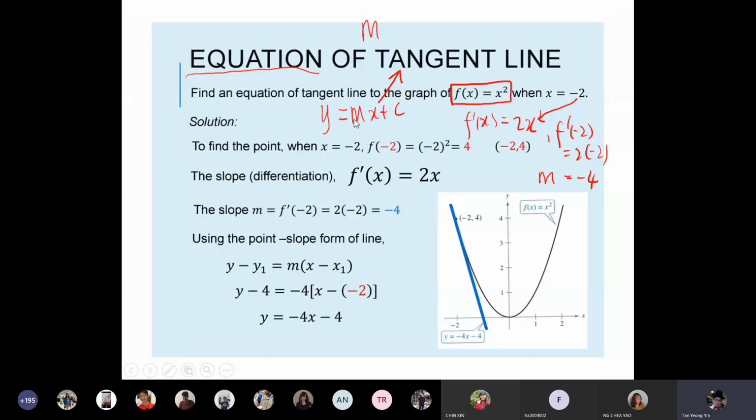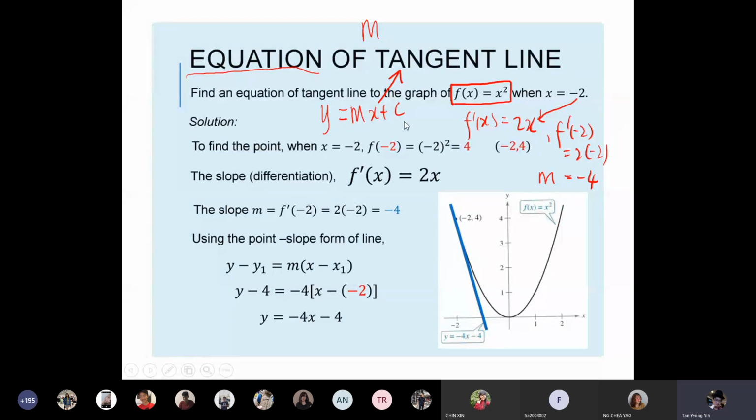So we have the slope. Is that okay? All right, so we start with the curve, the function. We differentiate. We get this differentiated function. Substitute x equals -2. Right, at this point, the slope is -4. So we have the slope. Now we need to find the c.